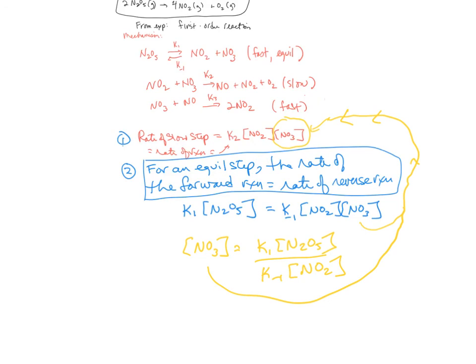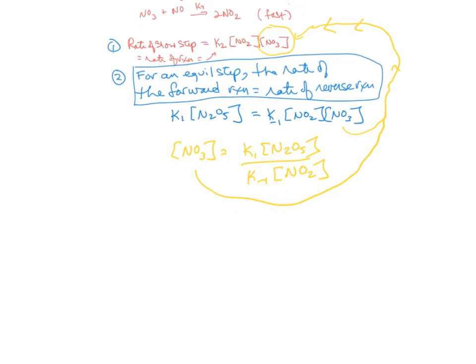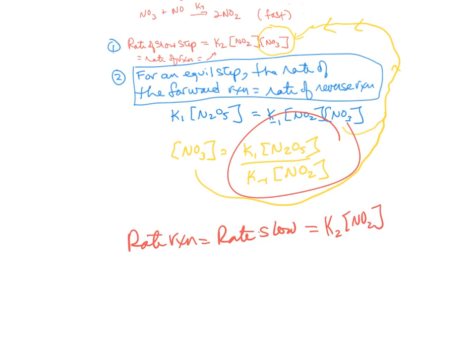So when we do that, then we have the rate of the reaction equals the rate of the slow step, no difference there. But this is going to be equal to K2 times NO2 times this, which is K1 times N2O5 divided by K minus 1 times NO2.